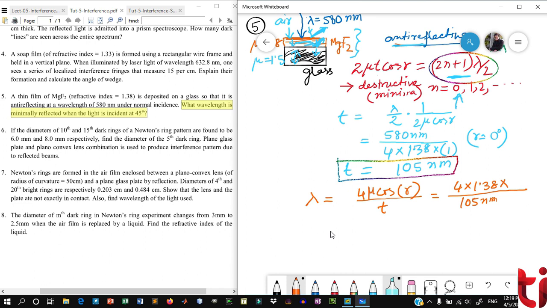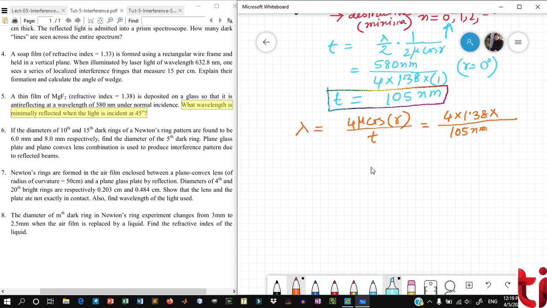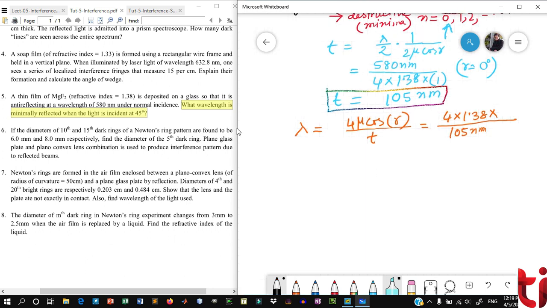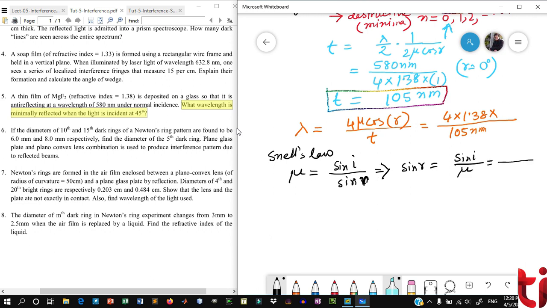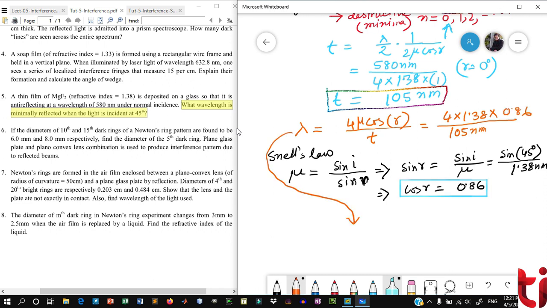now to find the value of cos r, we have to work a little bit. So you have to use Snell's law. That implies, so this would give ultimately cos r is equal to this. So the final result: lambda is equal to this.